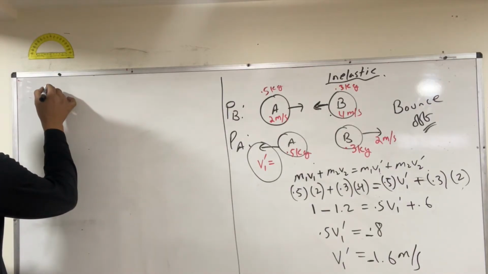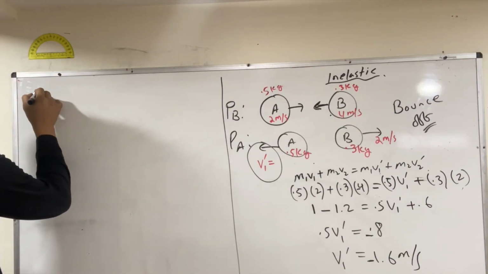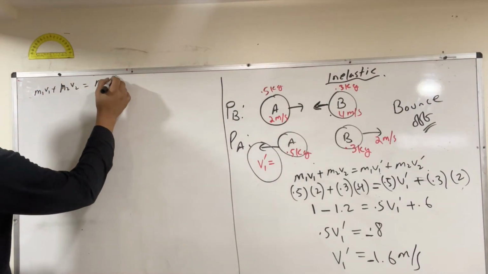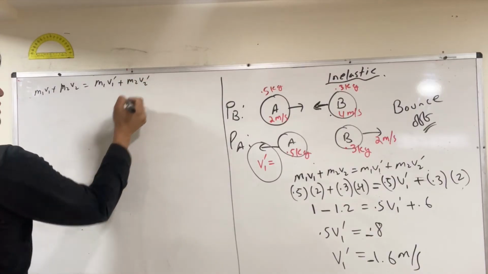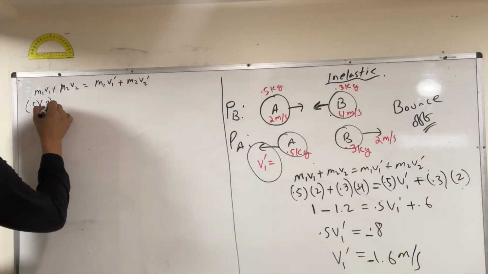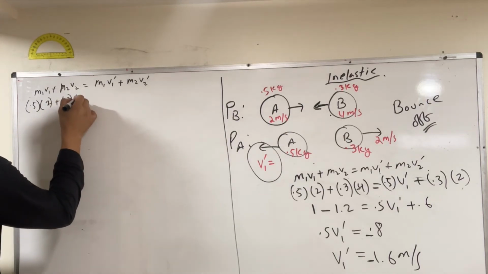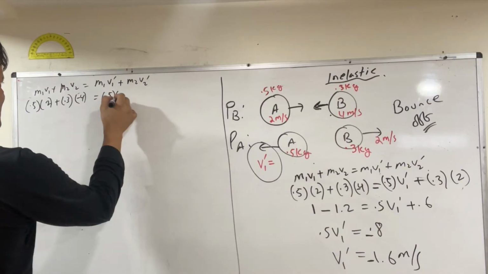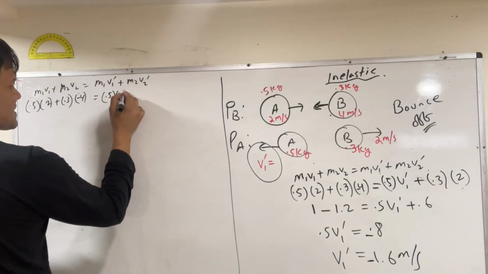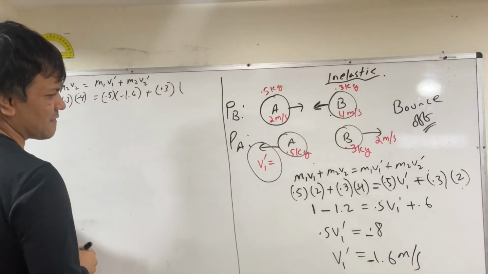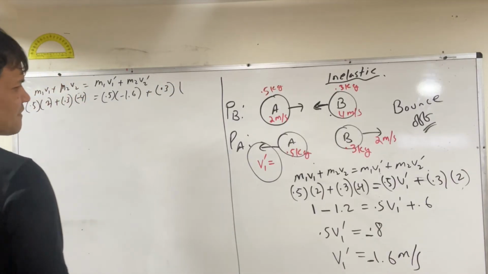So momentum is m1 v1 plus m2 v2 is equal to m1 v1 prime plus m2 v2 prime, right? So m1 is 0.5 times, of course, 2, m2 is 0.3, of course, negative 4. Then m1 is 0.5 times negative 1.6 plus m2 is 0.3, velocity is 2.